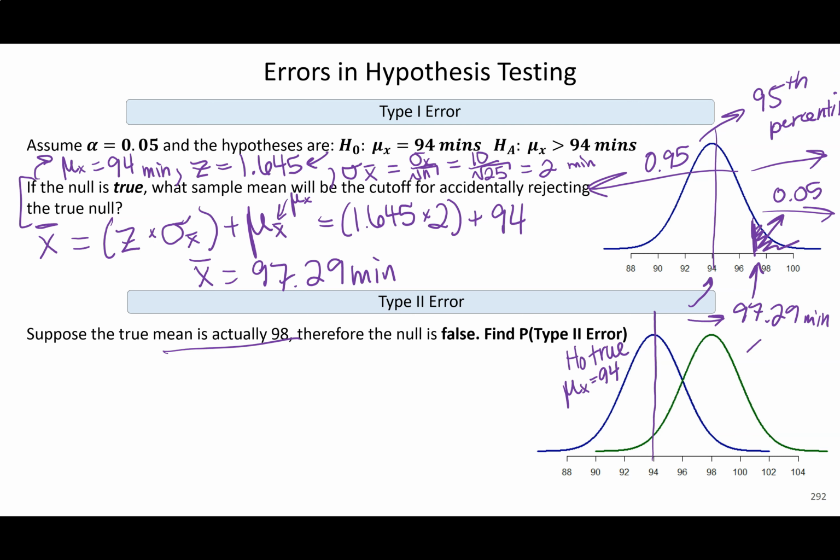The green one here, looking where it's centered, this is saying, hey, no, mu is 98. So that's where that is. And then we're going to use that cutoff that we had before. Where is it? 97.29. Probably not accurate at all.